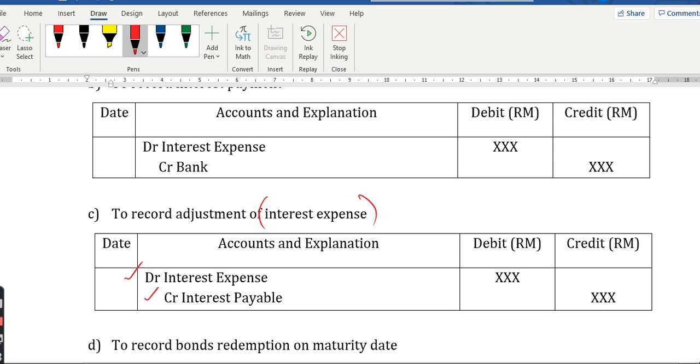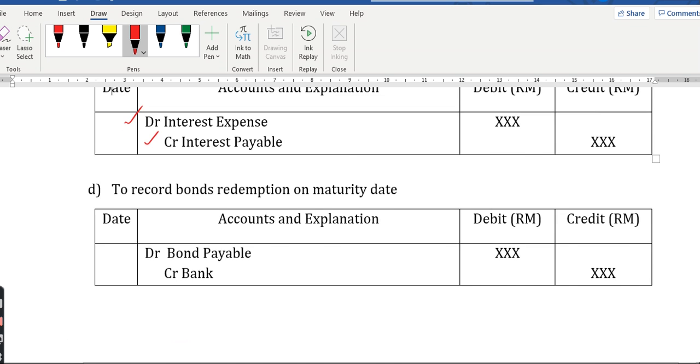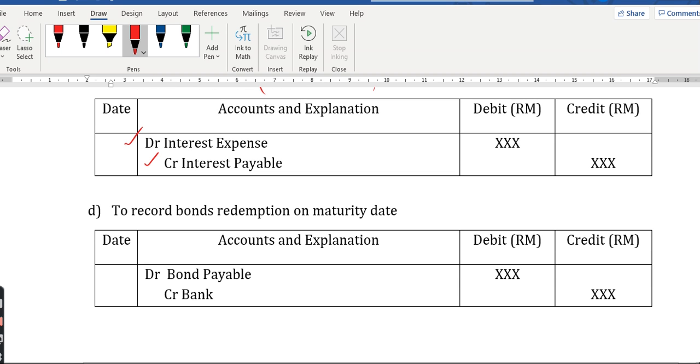When we reach the maturity date, we need to record the redemption of the bond. During the maturity of the bond, we will debit bond payable. That means this is where you settle your tenure.